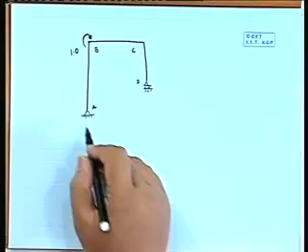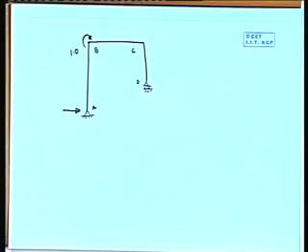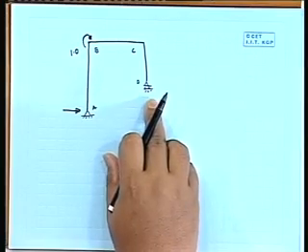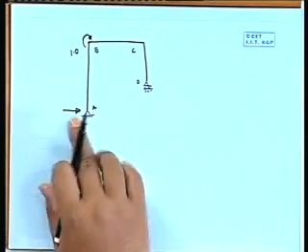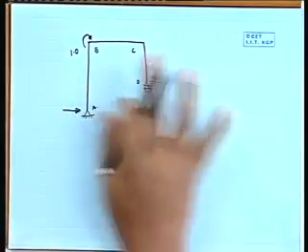Now, what will be the reaction force here? So, here there will be one horizontal component, another vertical component, and here there will be one vertical component. So, reaction wise that is the only horizontal component, and applied load, is there any horizontal component? No, we are not putting any horizontal force.